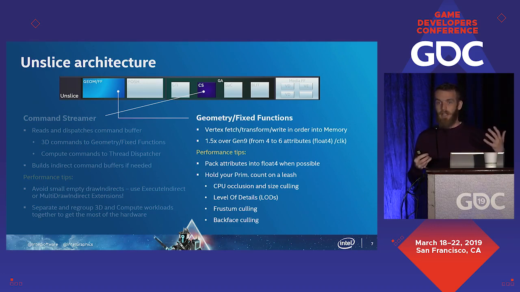And then it guarantees that all of the output is written in order into memory. The geometry fix function has been improved quite a lot over Gen 9, so we're now capable of fetching 6 vertices per clock instead of 4, and up to 3 primitives per clock.